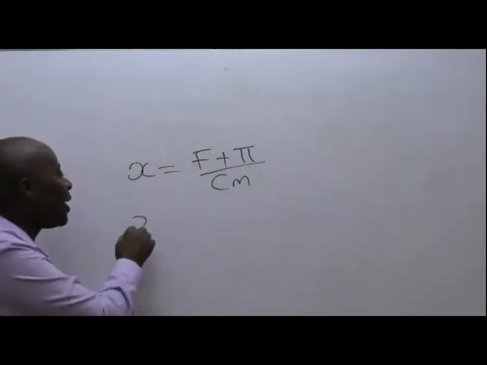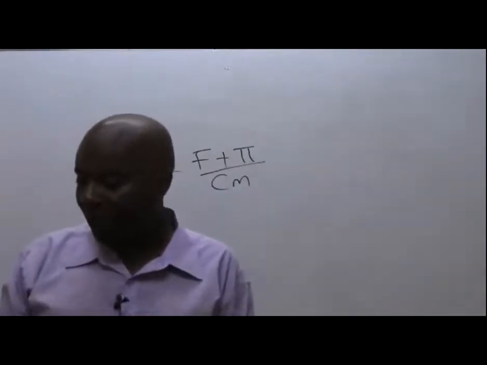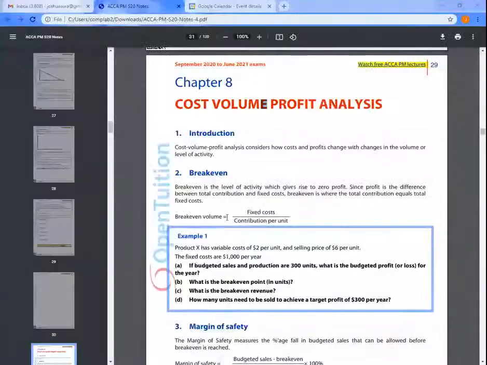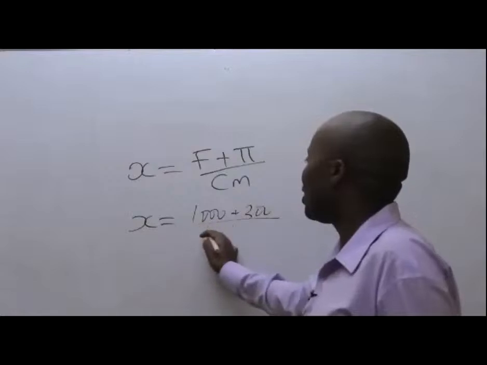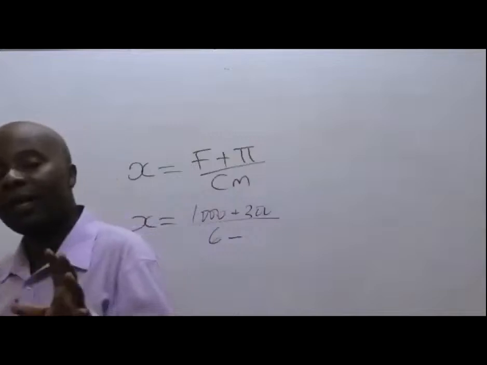So in this particular case, our fixed cost to be covered is 1,000. We're given the fixed cost up here. The fixed cost is 1,000. And the profit they are aiming to get is 300. So plus 300, and then everything divided by contribution margin, whose formula is price minus variable.